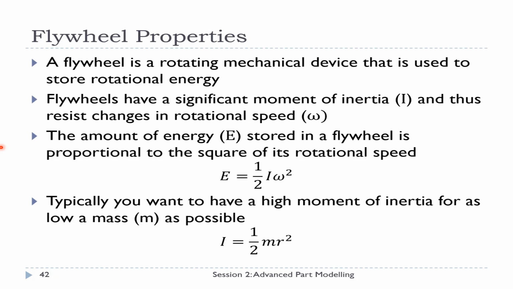Effectively, a flywheel stores energy, and the amount of energy stored in a flywheel is proportional to the square of its rotational speed. So here is the formula for the amount of energy stored in a flywheel. The two parameters that we need are rotational speed and the moment of inertia. The rotational speed is basically a system parameter.